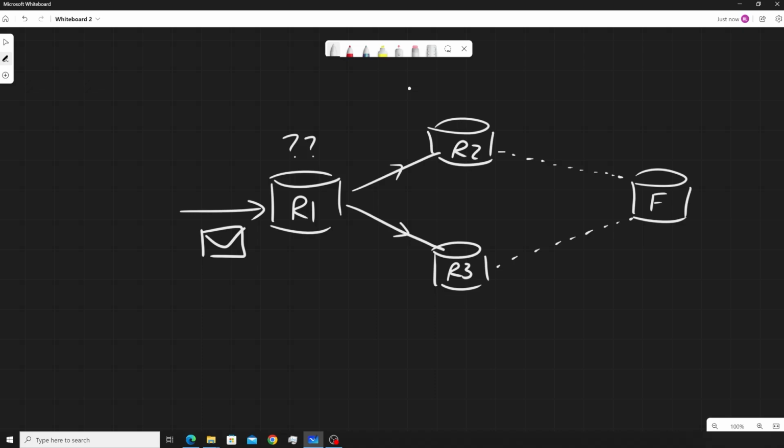We essentially said that there was some magic box that R1 used to figure out how to send it to R2 or to R3. And that's what we're going to be looking at today. That is essentially the essence of the routing protocols, which are essentially algorithms that dictate the path messages will take to get to their final destination.